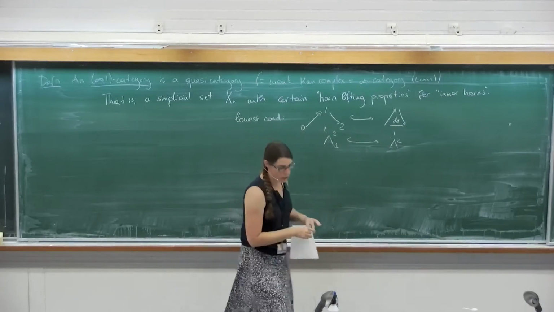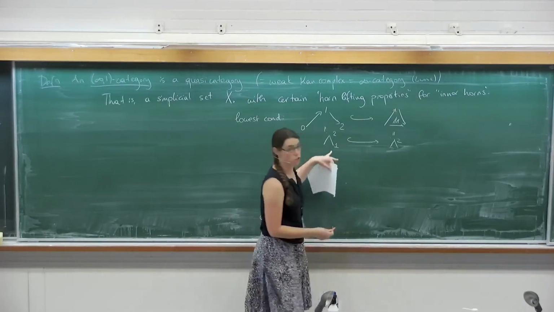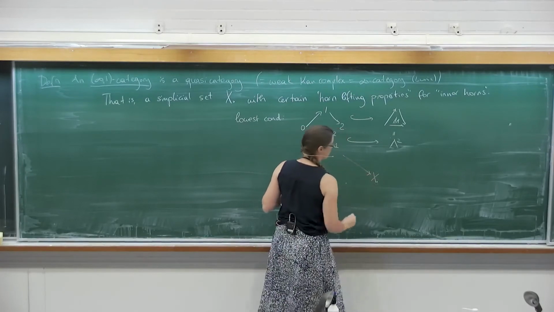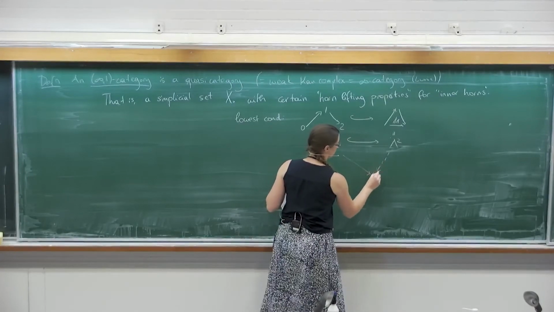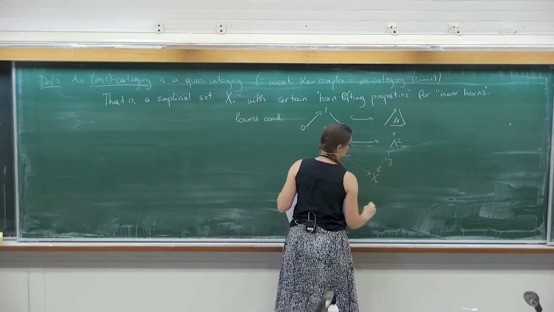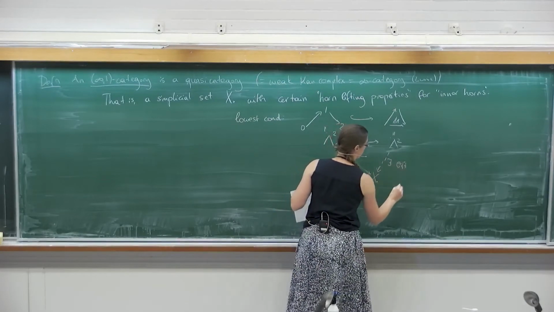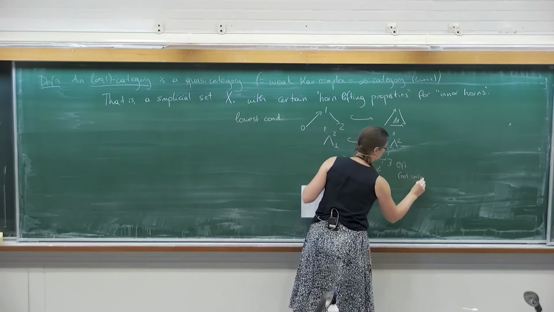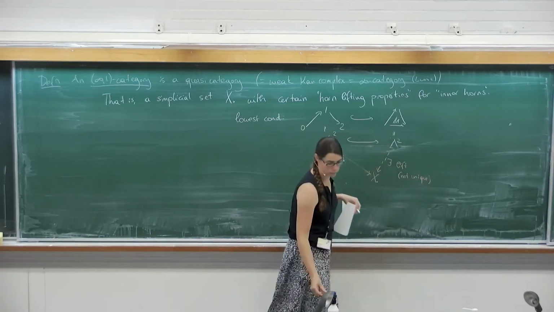And my condition says that if I have such an inner horn, so if I have a map to X, then there exists a lift. And I want to stress that this is not necessarily unique.